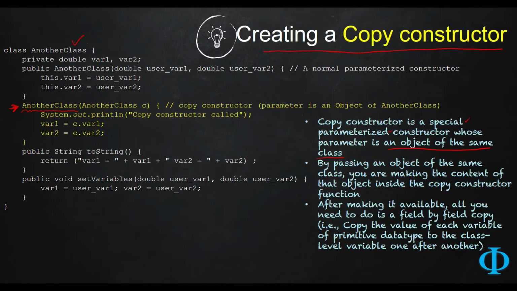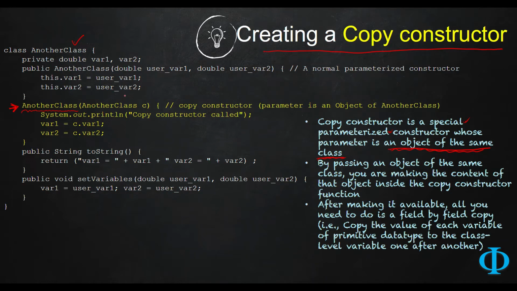And I believe you can remember that a constructor does not have any return type, so the copy constructor, being a constructor, also does not have any return type. As I have told, it is a special parameterized constructor. What is the speciality? You have to pass an object of the same class as its parameter.